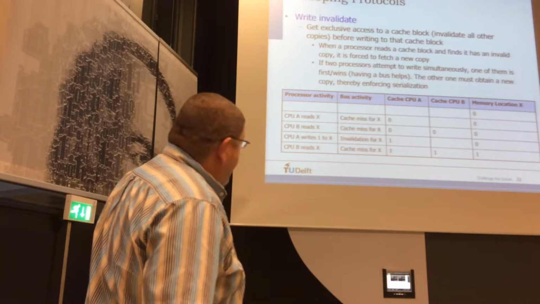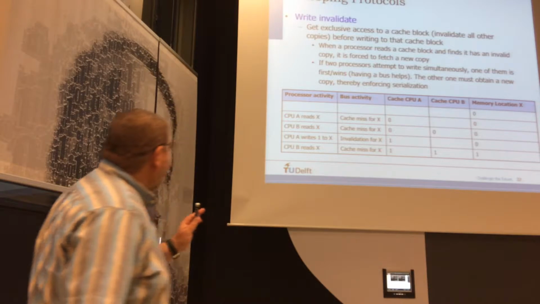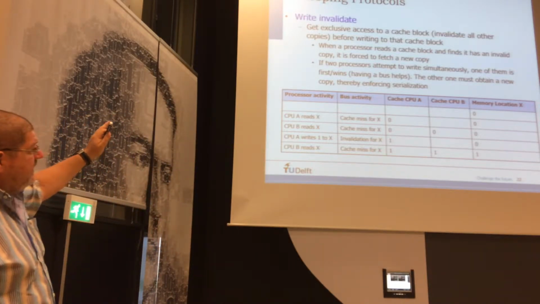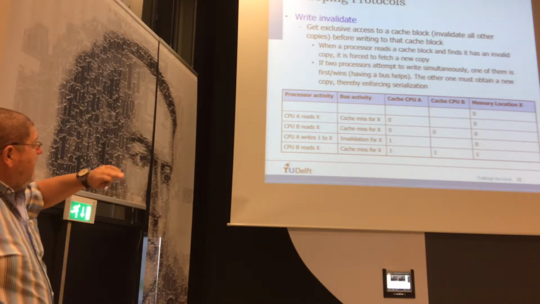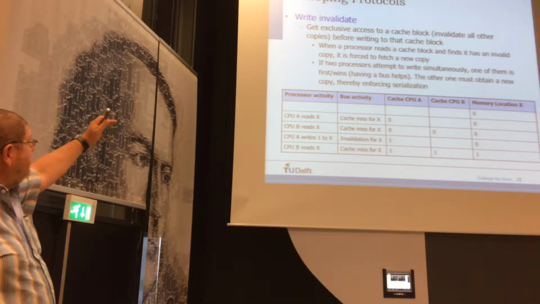Okay. Now, in snooping, there are two flavors. One is called write invalidate, and there is another one, write update. And in here you have an example of what's going on.